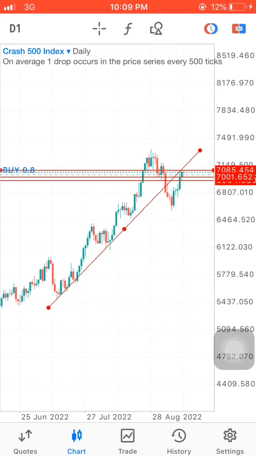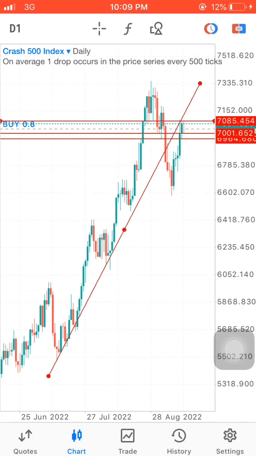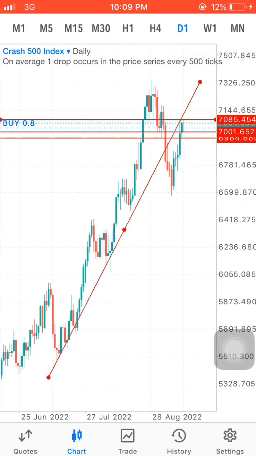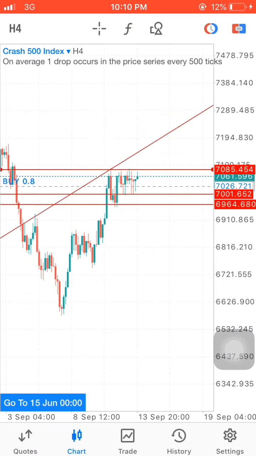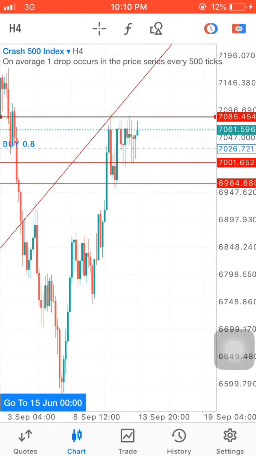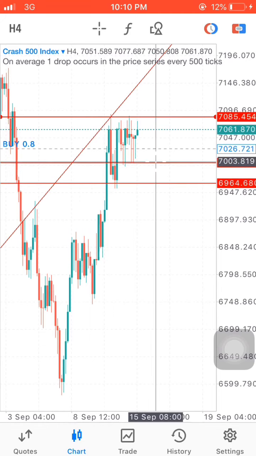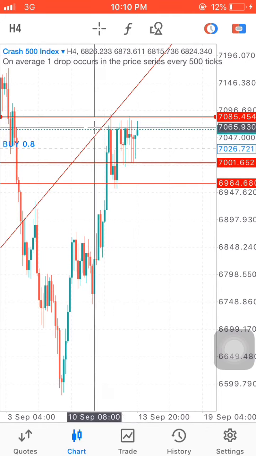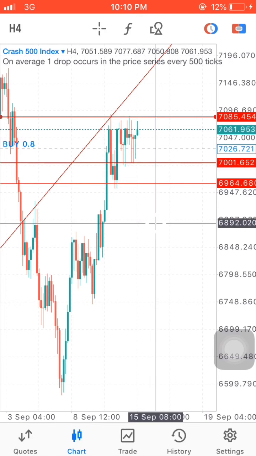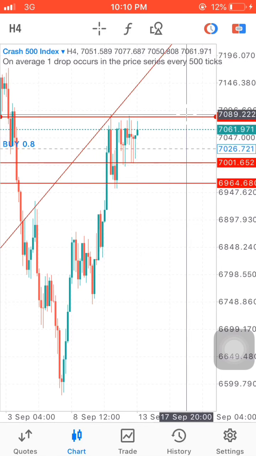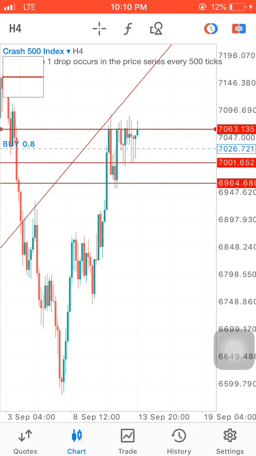So after finding my zones, if I can't find my zone on the daily time frame, I now go to the 4-hour time frame. As you can see, this area here actually shows a very strong zone. So I placed my horizontal line at this level here.